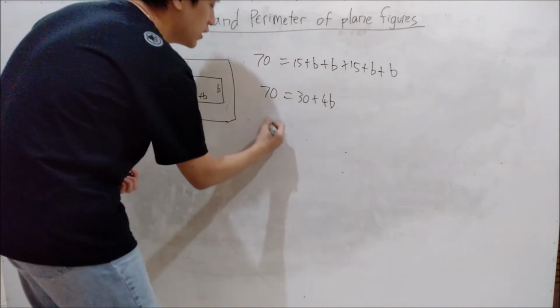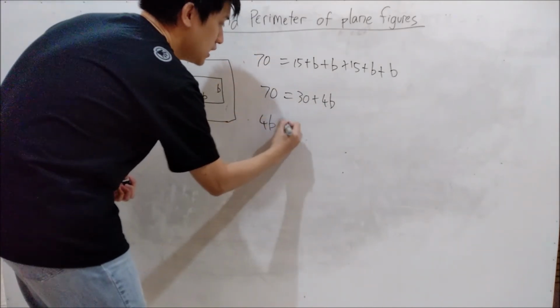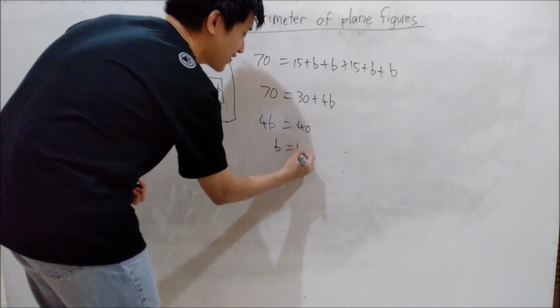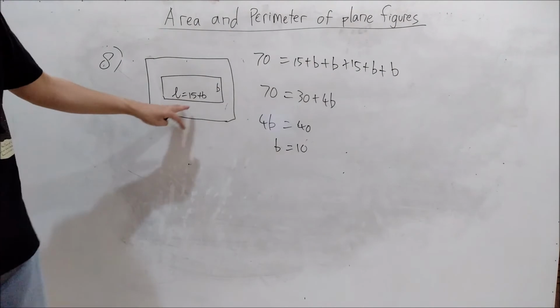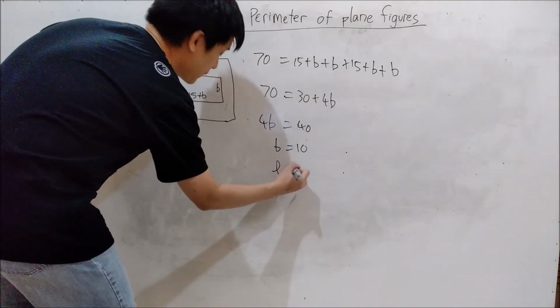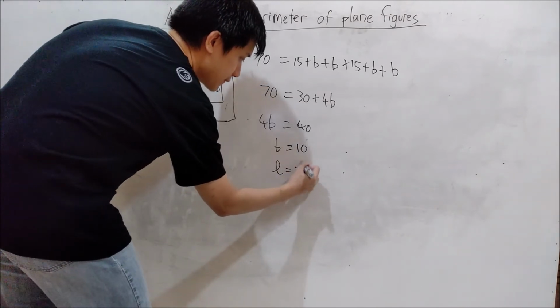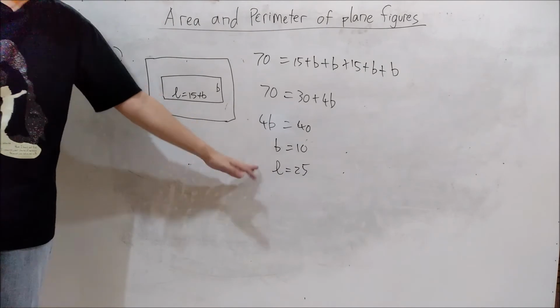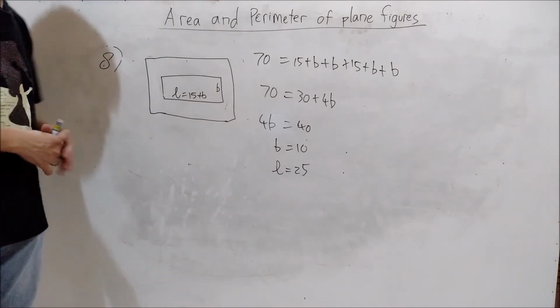With algebra you will get 4b equal to 40, and then the breadth will be 10. Since the length is 15 more, the length will be 25. That's how you get the breadth and the length of the field.